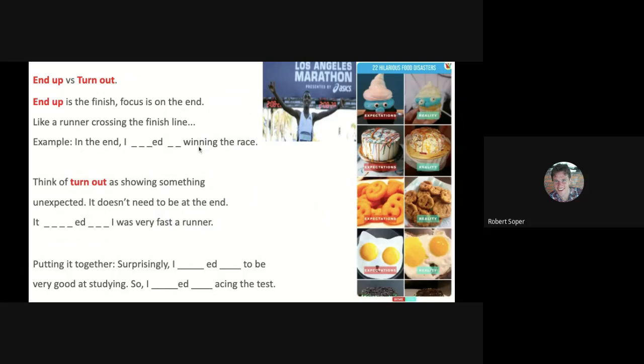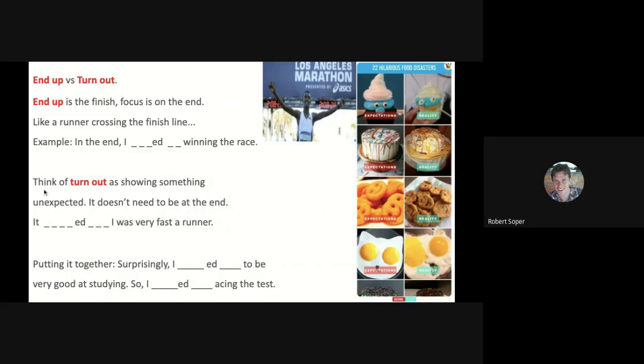What happened at the end? Well, somebody won the race. And that makes sense because what happens at the end of the race? Somebody wins it. Okay? So here, I ended up winning the race explains what happened at the end of whatever event it would be, the race or maybe the whole idea of training and getting ready for the race.